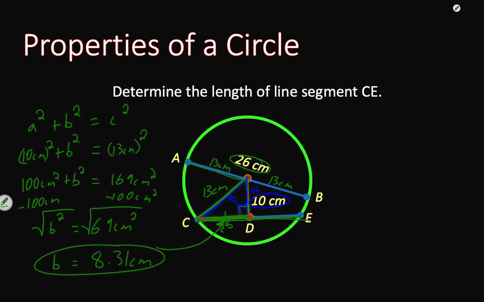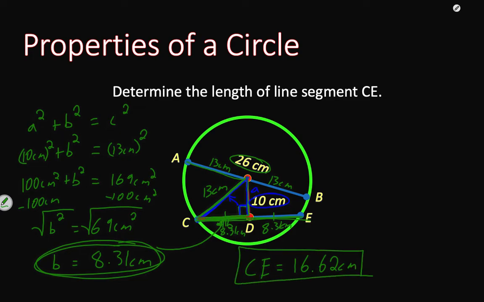So if this is 8.31 centimeters, and that's the same length as this over here, we need to take this answer and multiply it by 2. So the length of CE is actually going to equal that right there.